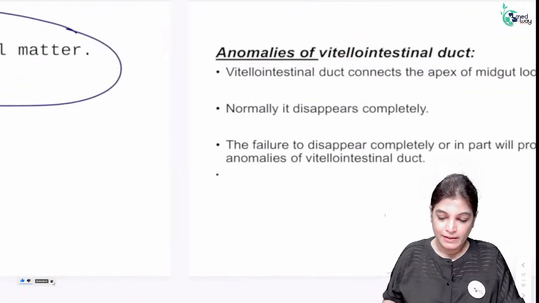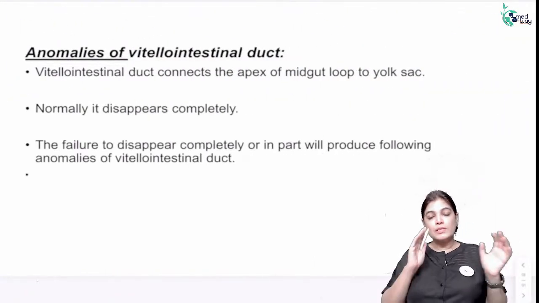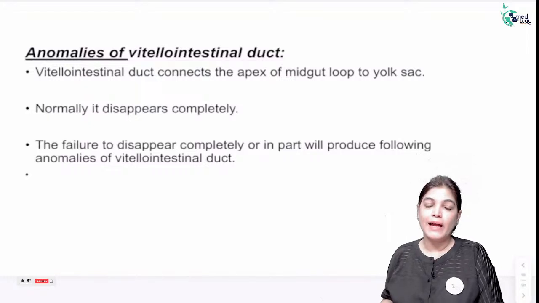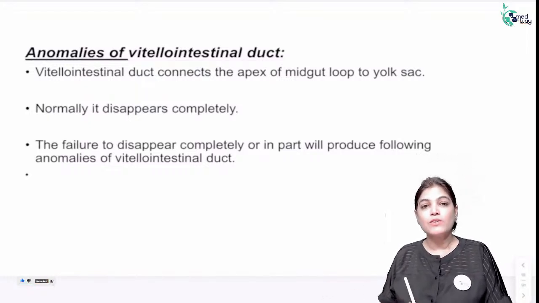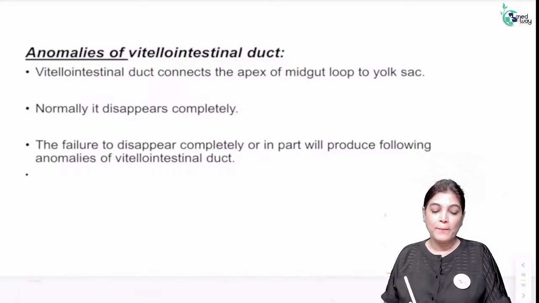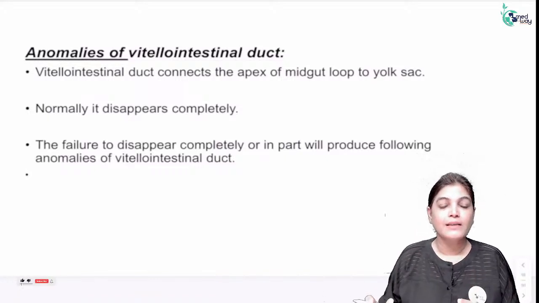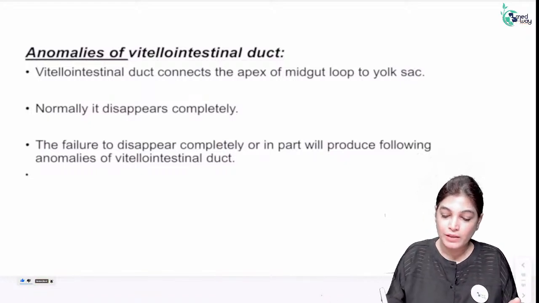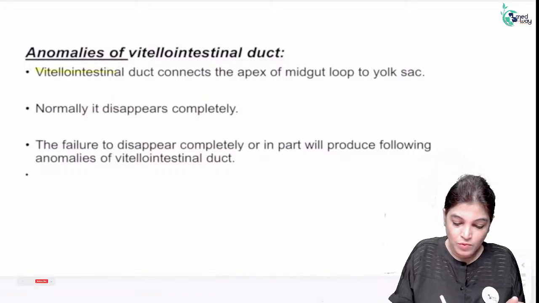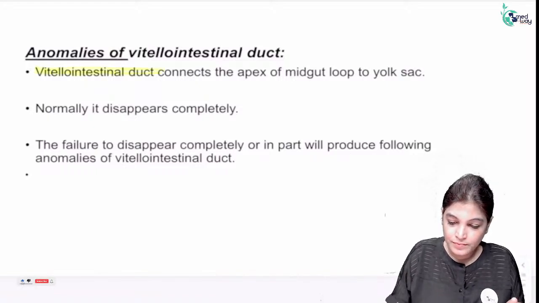Let me explain it. Before starting with the case, I would like to show a few images for understanding. I would also like to talk about the anomalies of the intestinal duct. If I talk about the intestinal duct, what is it connecting?